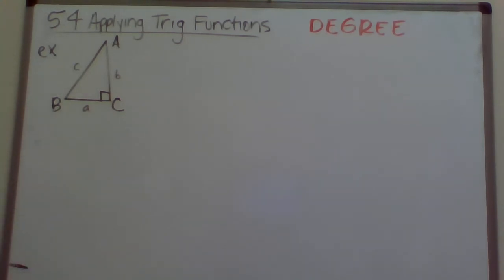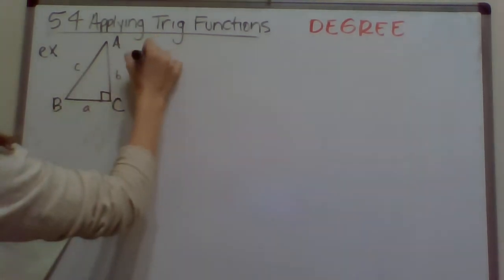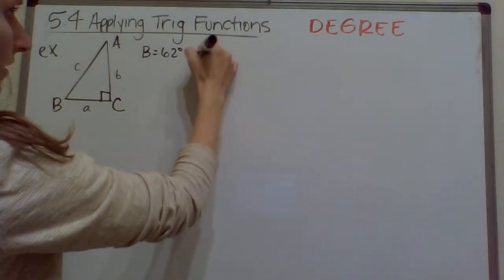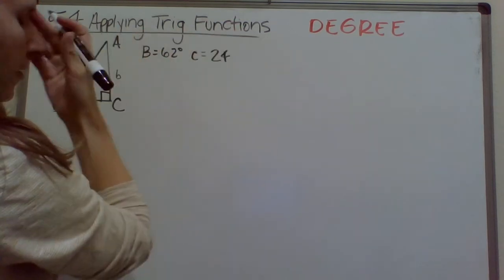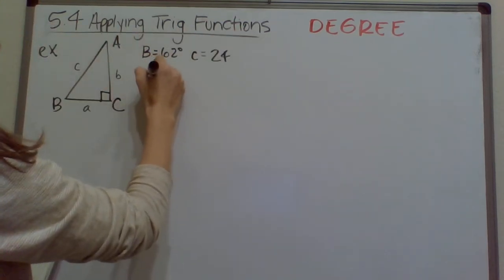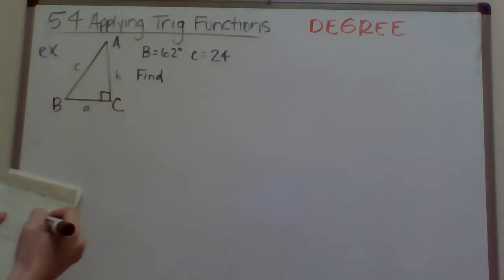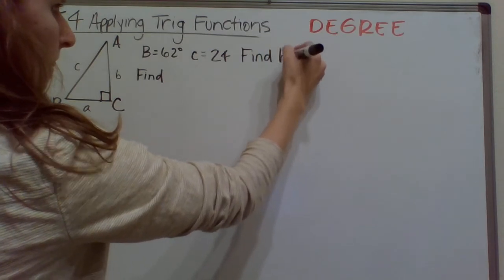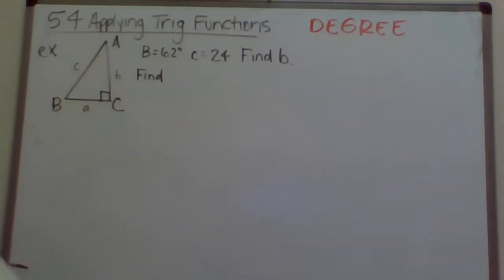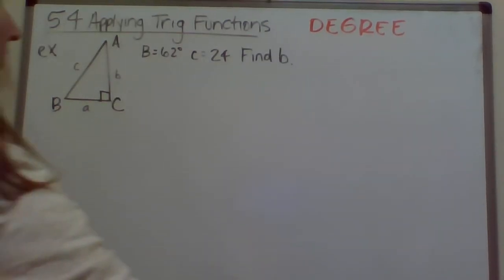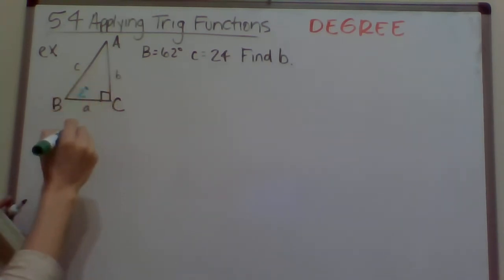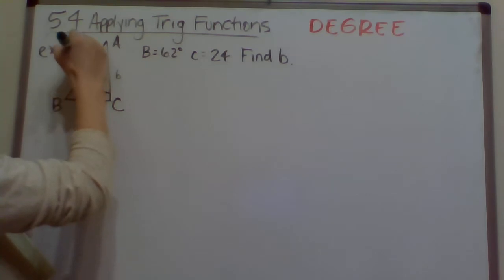So if they give us a problem and they say, okay, B is 62 degrees and little c is 24, what if the question is to find little b? I'll write it over here. Find little b. So let's go ahead and label our triangle with what we know. We know that angle B is 62 degrees, and we know that side c is 24, the hypotenuse is 24.